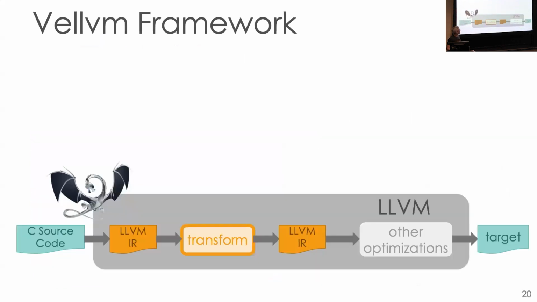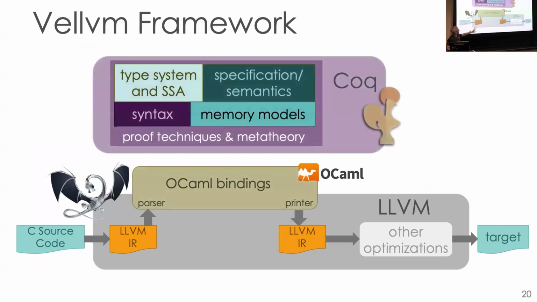To paint the picture, what we have in Vellvm is a thin OCaml parser and pretty-printer shim layer that lets us take the .ll format, which is one of the human-readable formats for LLVM IR, and ingest it into Coq as abstract syntax.